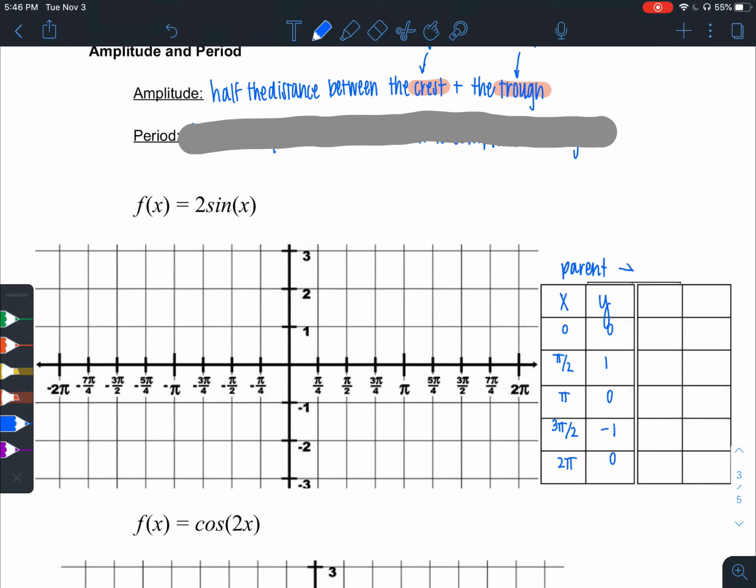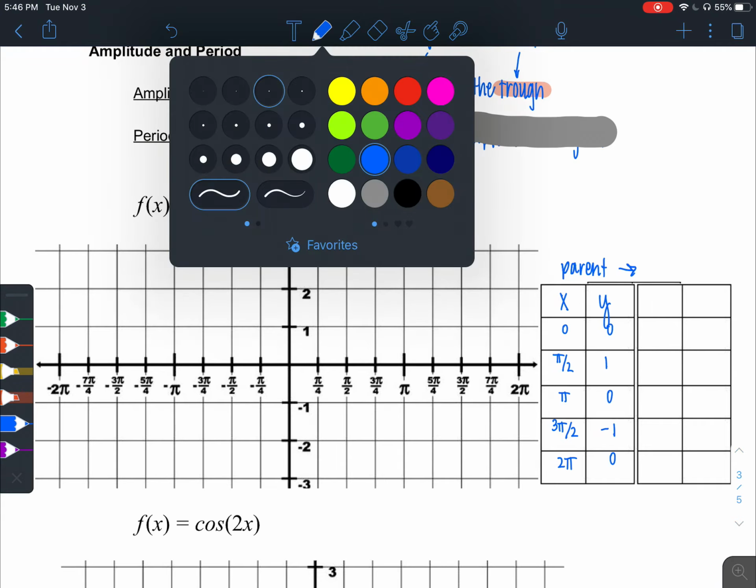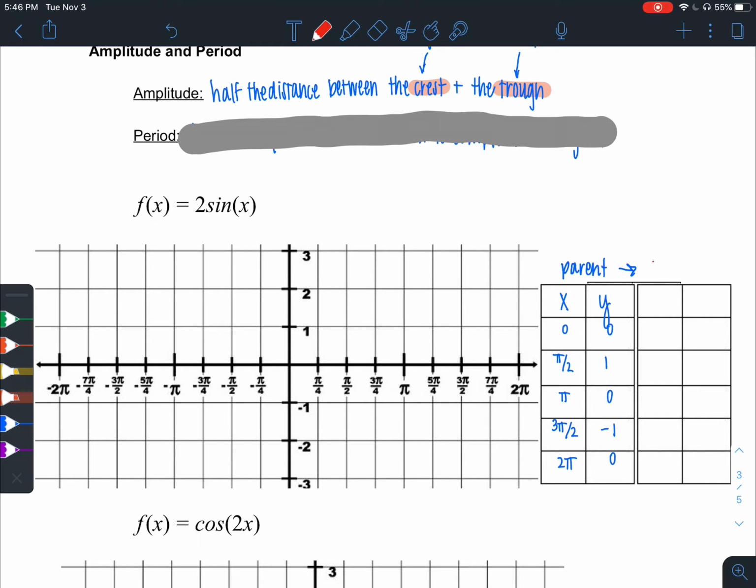function, and we want to transform it to have an amplitude of 2. Okay, so this is going to cause a change in y because it's outside those parentheses. So our x values are actually going to stay the same.